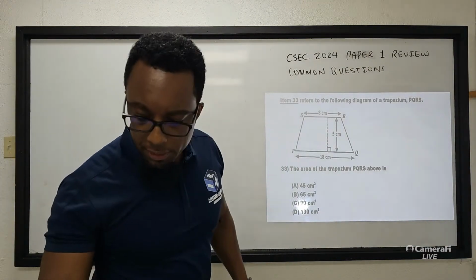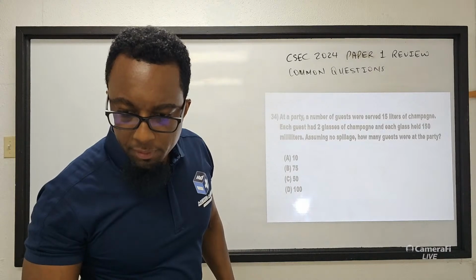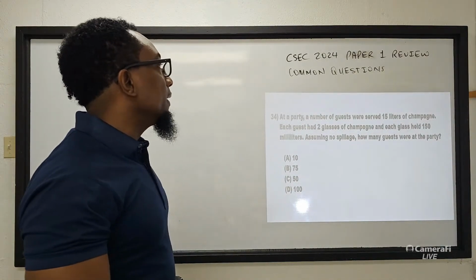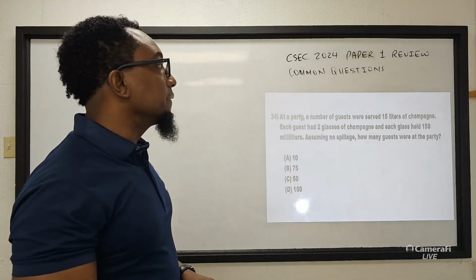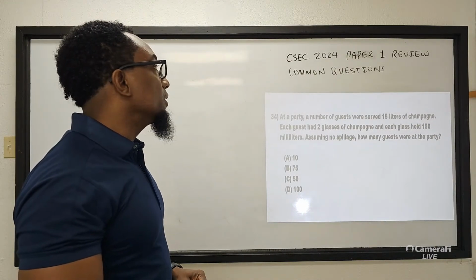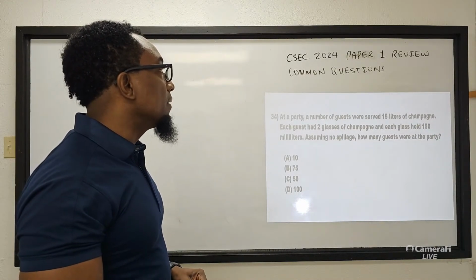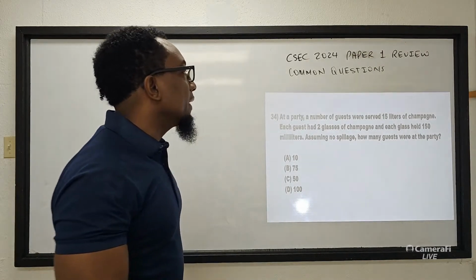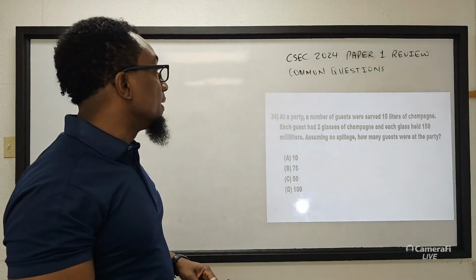So let's look at 34. At a party, a number of guests were served 15 liters of champagne. Each guest had 2 glasses of champagne and each glass held 150 milliliters.